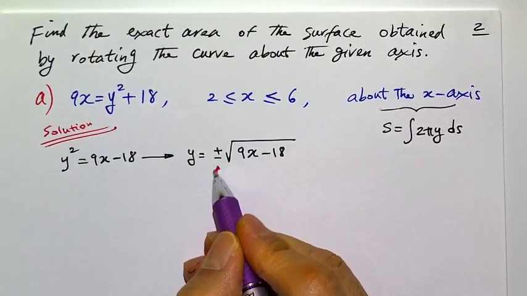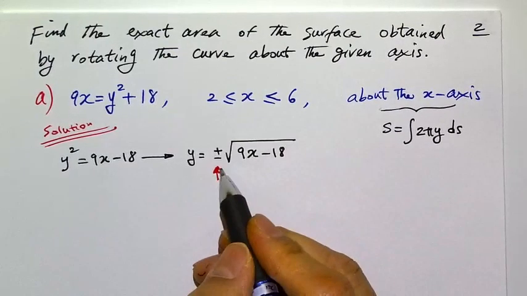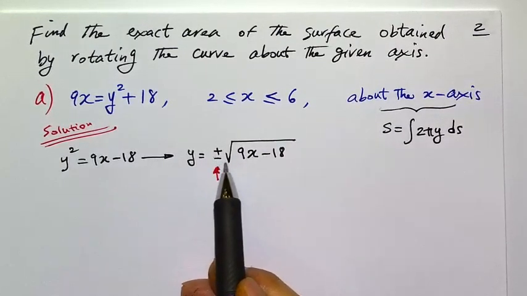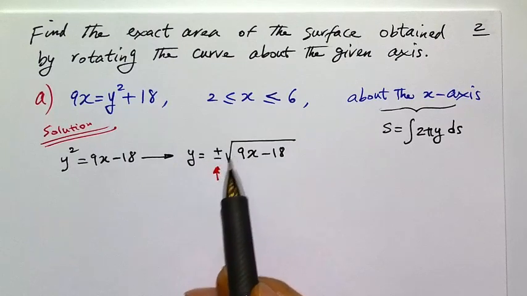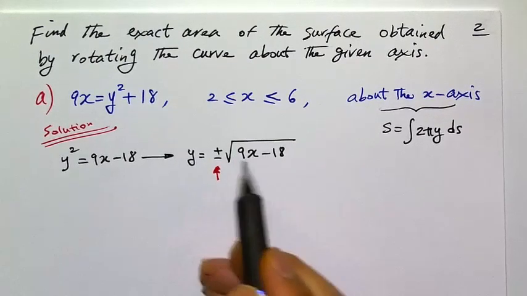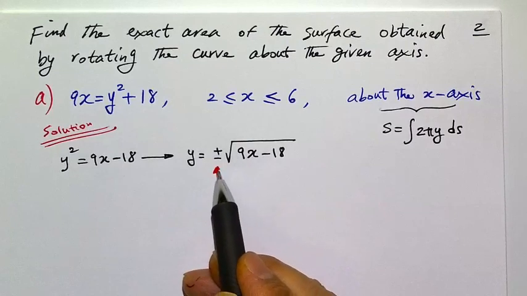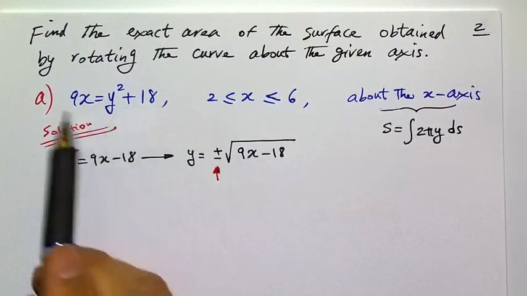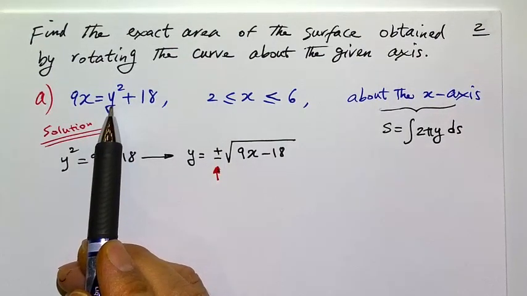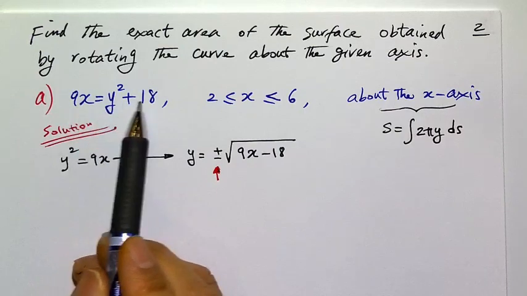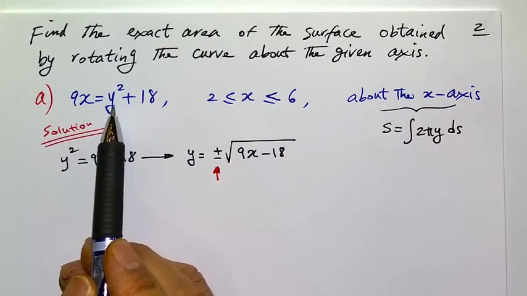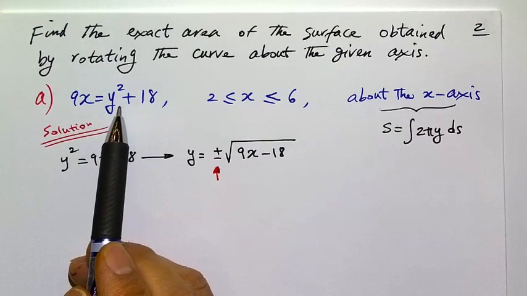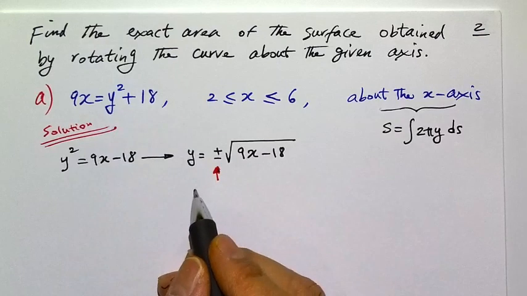Note that we have plus or minus, but our decision whether to use the plus one, the minus one, or both is simplified, because if you graph this, and I hope you do this as you watch this video, graph this expression on desmos.com and see what kind of graph you get, you'll see that the graph is symmetric about the x-axis.